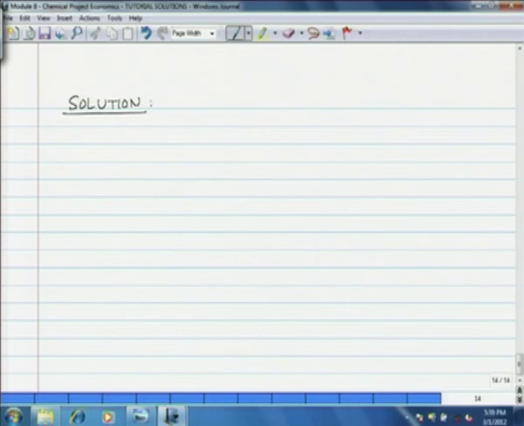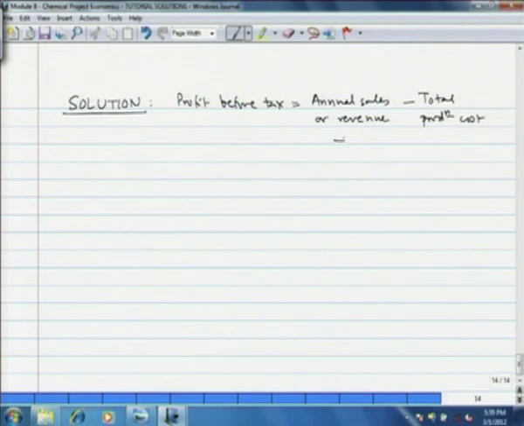We know that the profit before tax is equal to the annual sales or revenue minus the total production cost minus the depreciation.